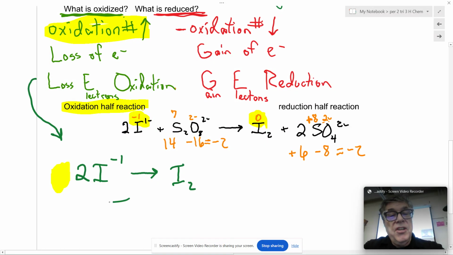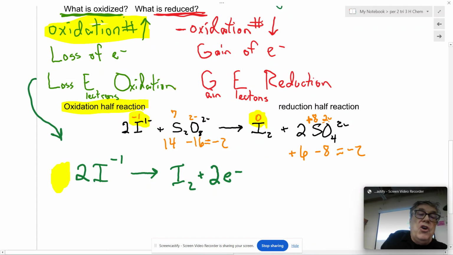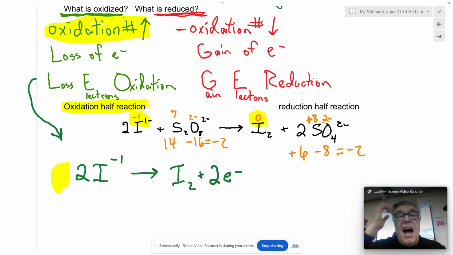The charge here and the charge here should equal out, which means we need some negative charges. So what are we dealing with that are charged negatively? Electrons. How many electrons? 2, because then we'll have -2 charge on both sides of our oxidation half reaction.